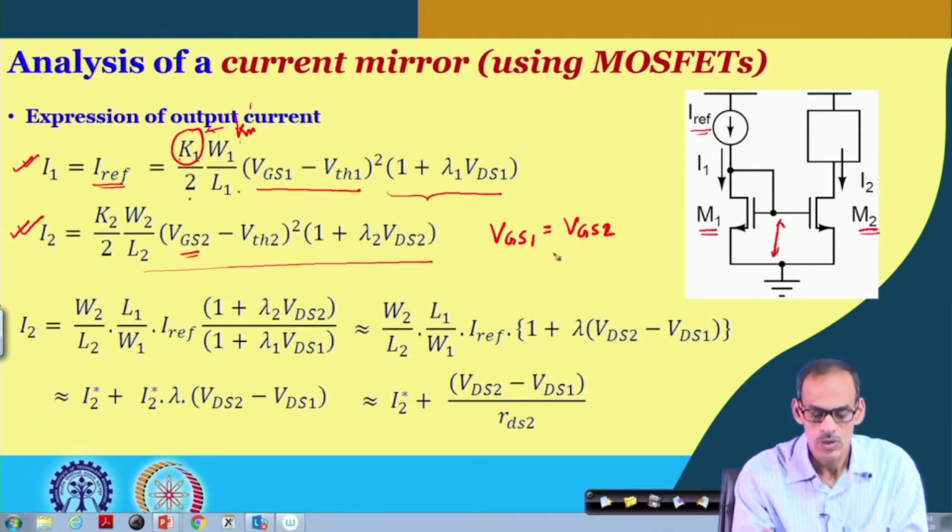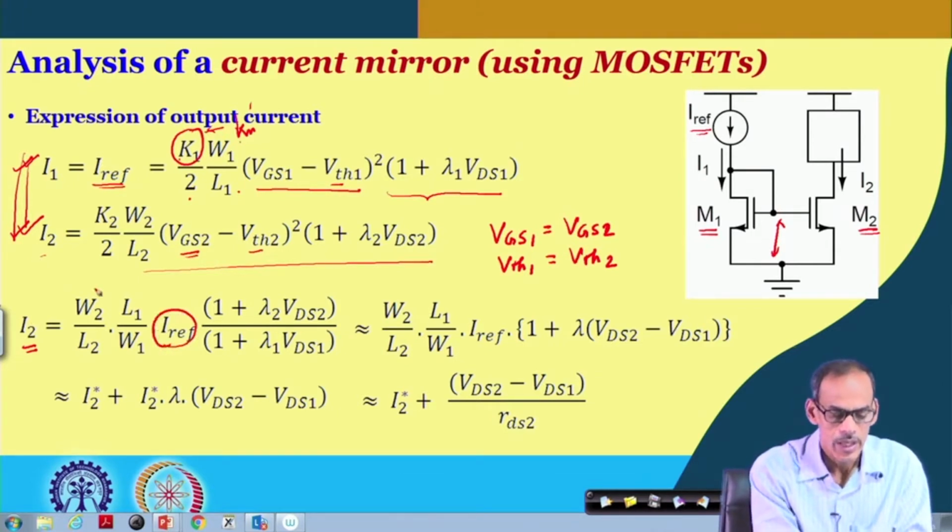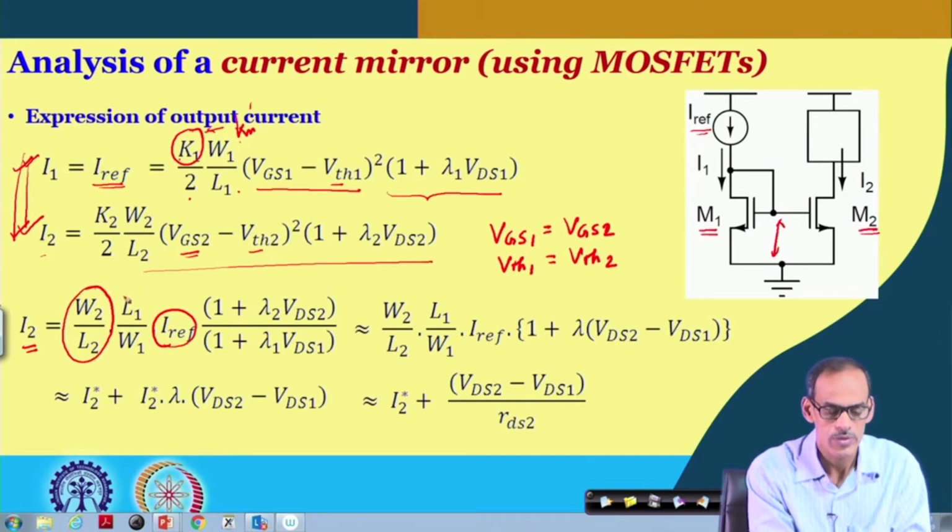Also, if we consider the threshold voltages equal, namely VTH 1 equals VTH 2, then by taking the ratio of these two currents, we get the expression of the current I 2 in terms of the reference current, and W by L of transistor 2 divided by W by L of transistor 1.